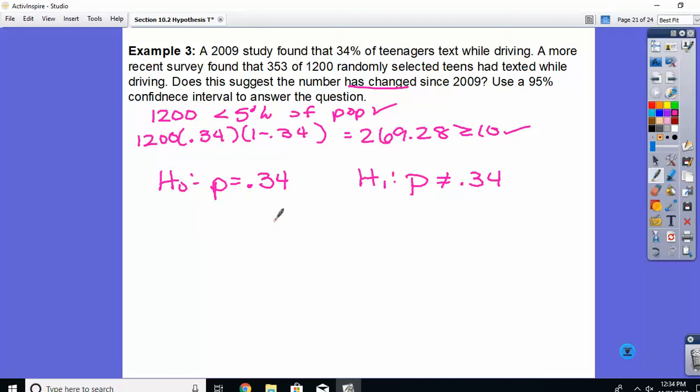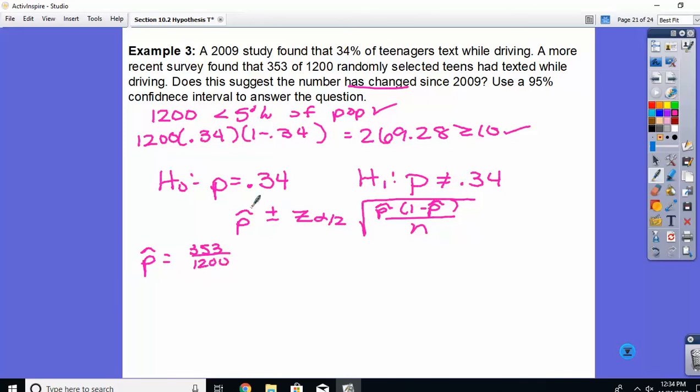If you look on your formula sheet, our confidence interval for a p hat is p hat plus or minus z alpha over 2 times the square root of p hat times 1 minus p hat over n. So we know that. I need to find some pieces of information to plug in here. My p hat is 353 out of 1,200.